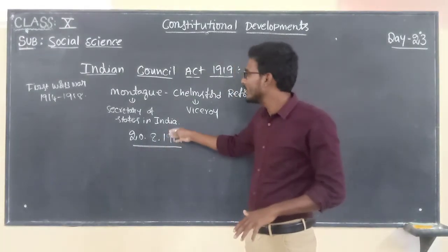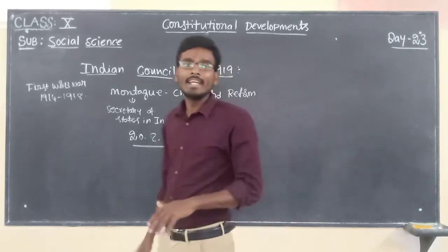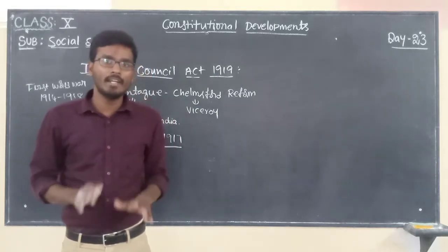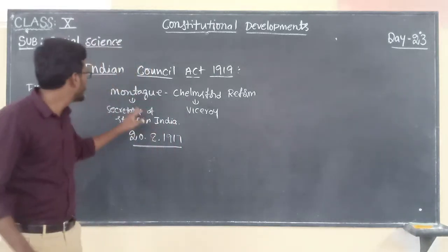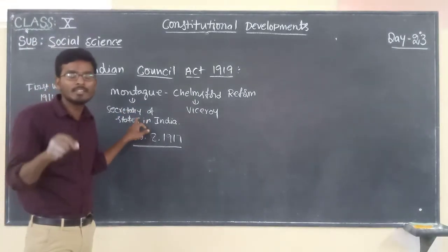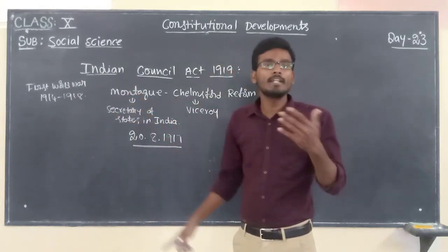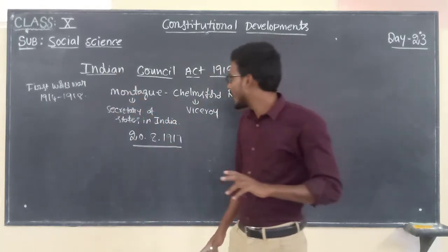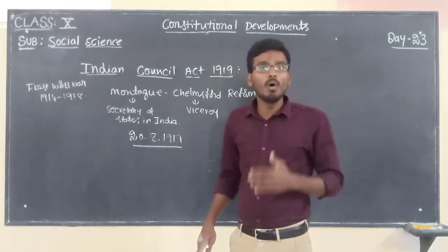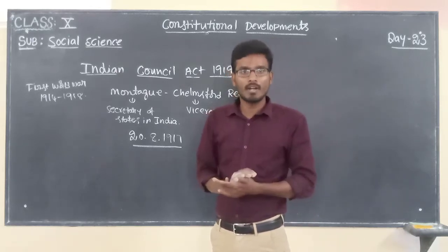So based upon these arguments, the Indian Council Act 1919 was implemented in India. See here, who is Montague? He is the Secretary of State for India. Why is he arguing in favor of Indians? Because Indians actively participated in the First World War by supporting the British, and also he is in favor of Indians forming our own government by ourselves. That is also known as self-government.